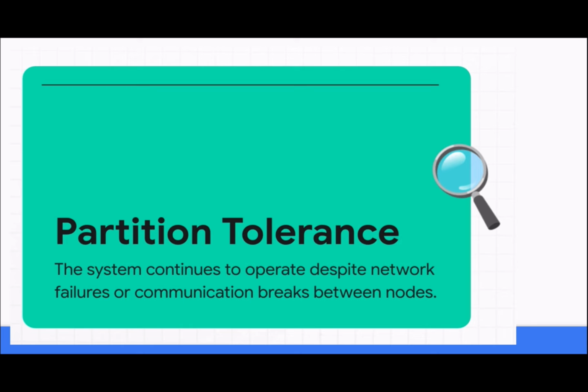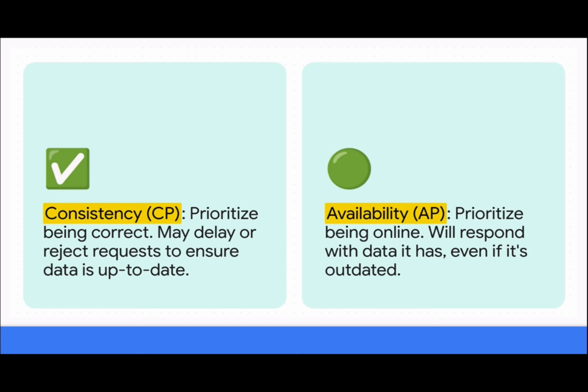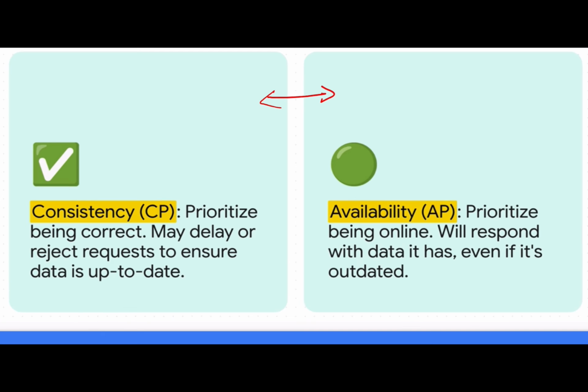So a distributed database requires being partition tolerant. The tug of war lies between consistency and availability. Consistency prioritizes being correct. It may or may not be up and running all the time. But availability prioritizes being online. It will always respond to a request even if it is not the latest one.